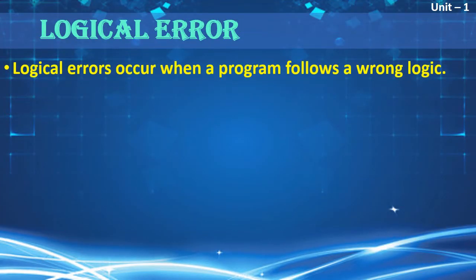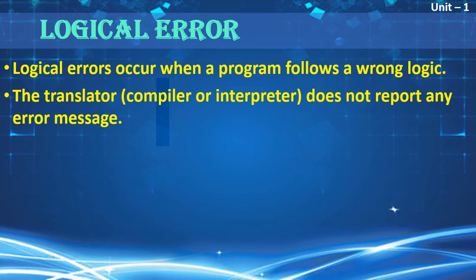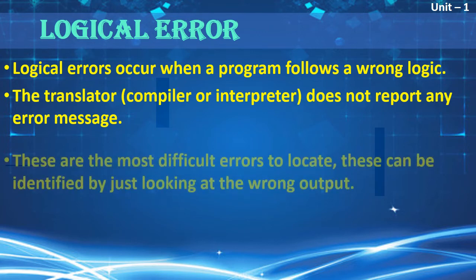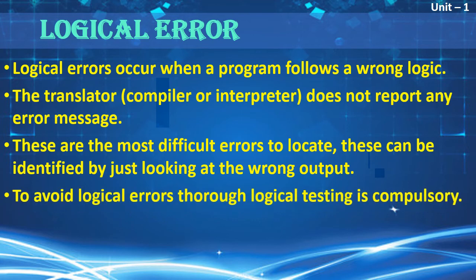Logical errors occur when a program follows a wrong logic. The translator does not report any error message. These are the most difficult errors to locate. These can be identified by just looking at the wrong output. To avoid logical errors, thorough logical testing is compulsory.